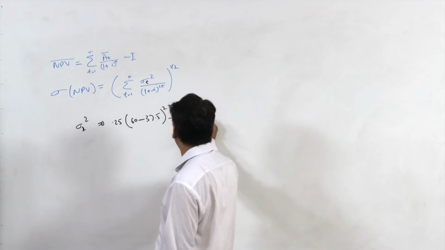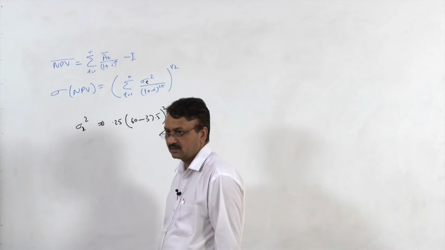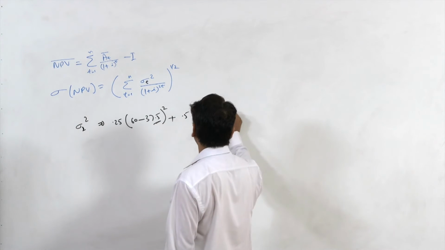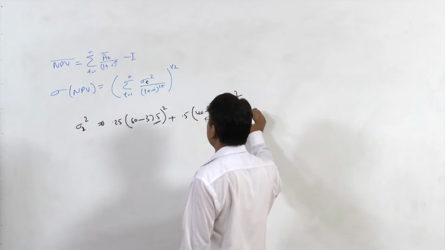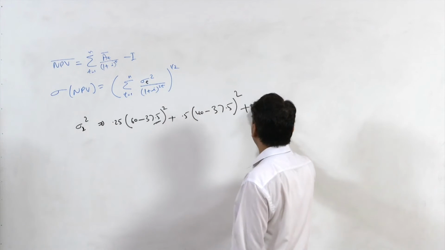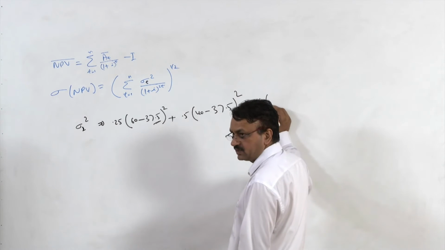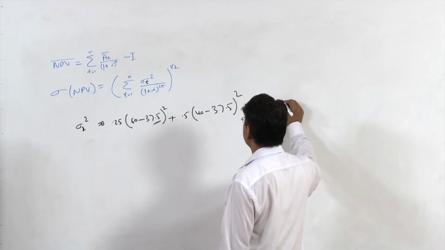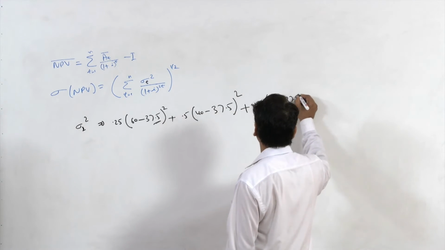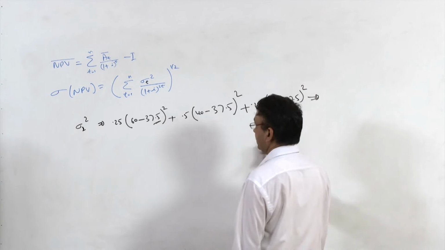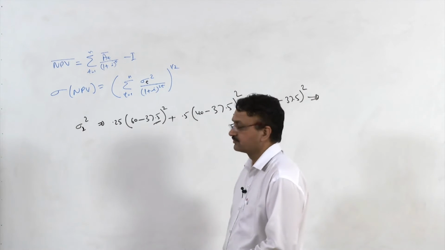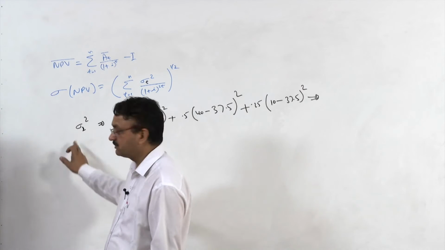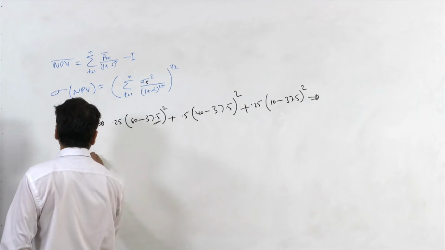What is net cash flow? 40 minus expected cash flow, which will remain the same, 37.5 square, plus the next probability would be 0.25. Cash flow for the second year is 10 minus 37.5 whole square. Just add all these things, you will get the variance for the second year, right. Similarly, for the third year, how would you calculate?